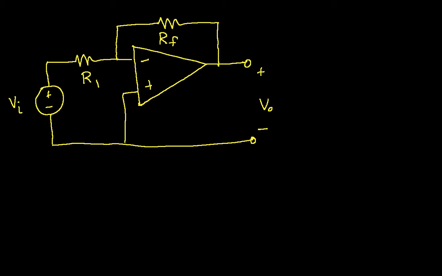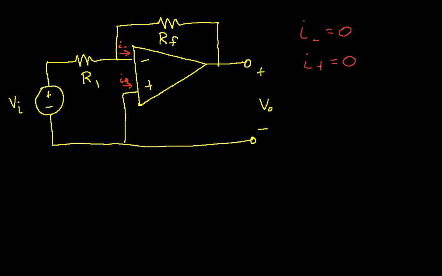As we've talked about in previous videos, the idea behind the ideal op-amp model is that the current going into the inverting input and the current going into the non-inverting input, both of these, I minus and I plus, will be 0.